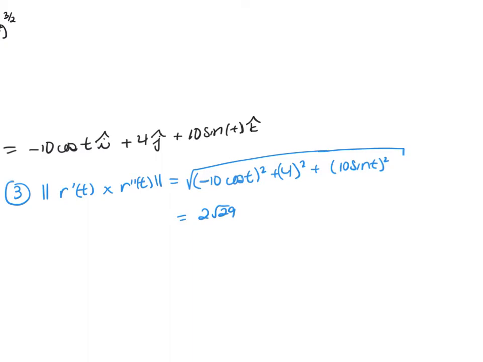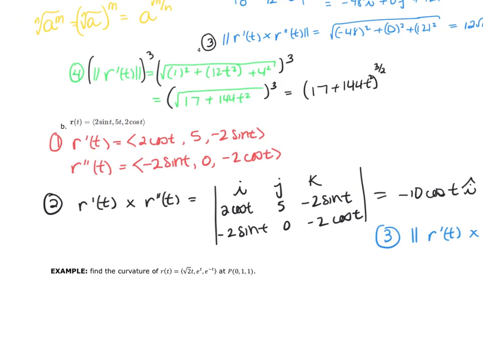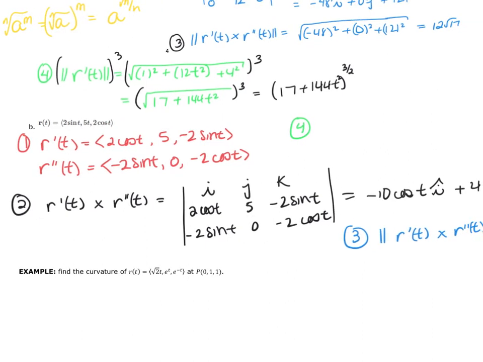Now, my next step, if you remember, is to take the norm of the first derivative. So let's go back and do step number 4 here. Step number 4 is going to be the modulus of r prime of t, the norm, the magnitude.